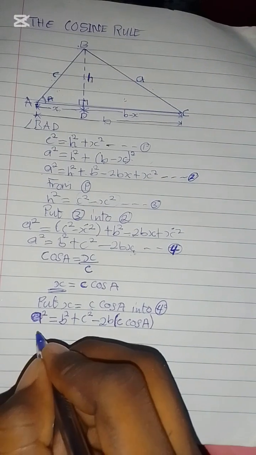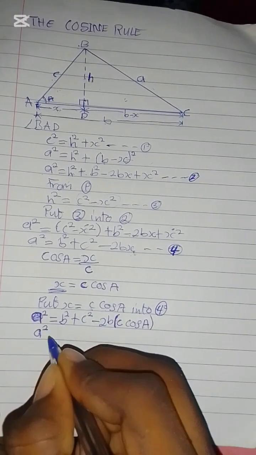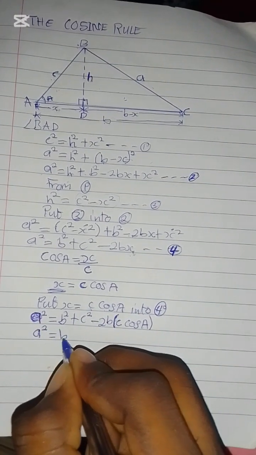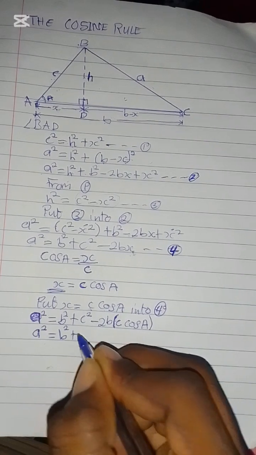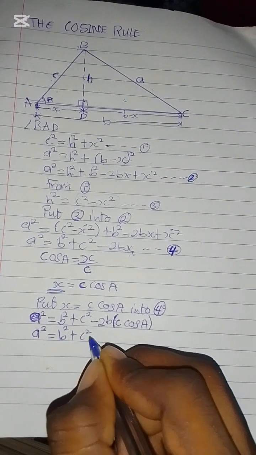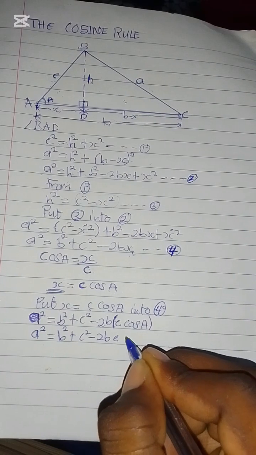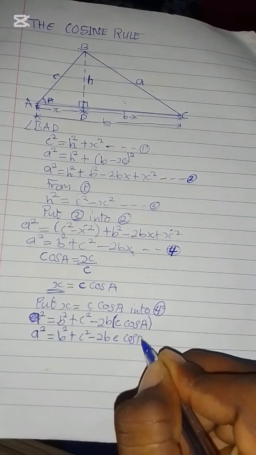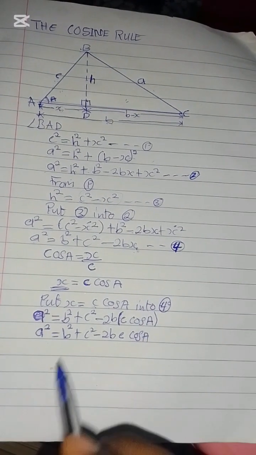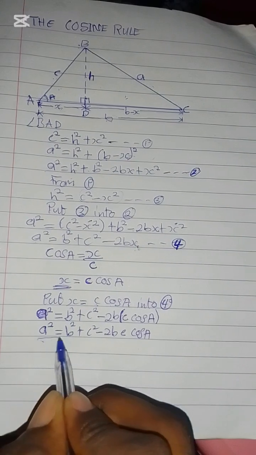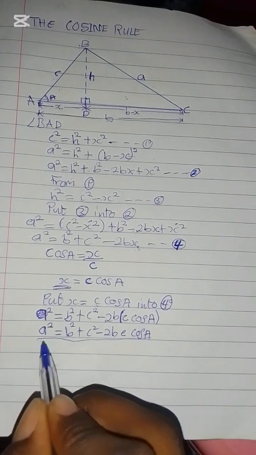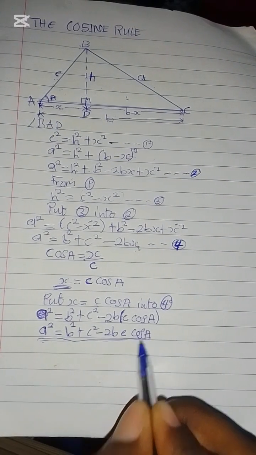Removing the bracket, we have a squared equal to b squared plus c squared minus 2bc cos A. So you agree with me that we have finally arrived at our cosine rule.